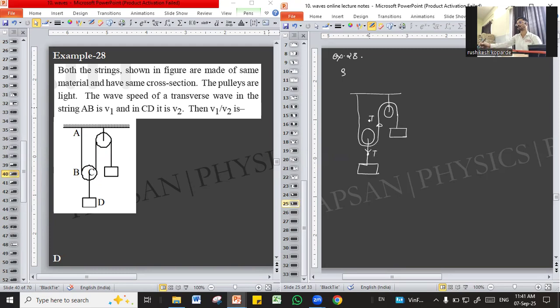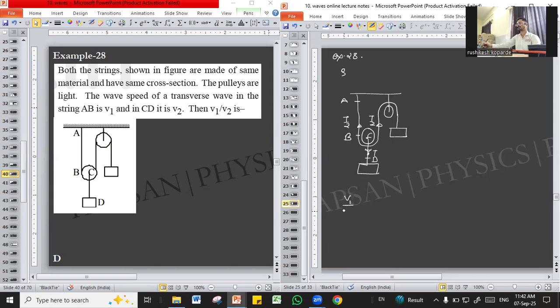So this tension has to be T by 2 because the pulley is massless, so its net force has to be zero. It may accelerate up and down, but net force on the pulley has to be zero. So this is the FBD of the pulley. In the section AB, tension is T by 2, and in the section CD, tension is T.